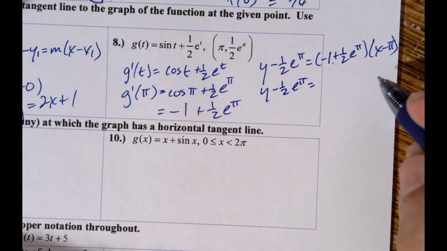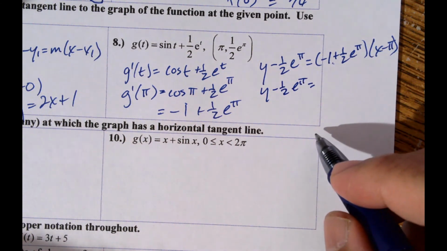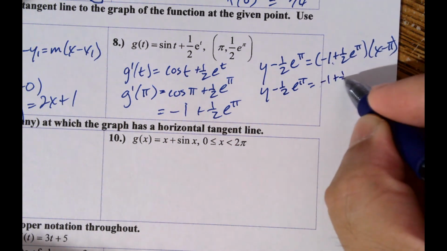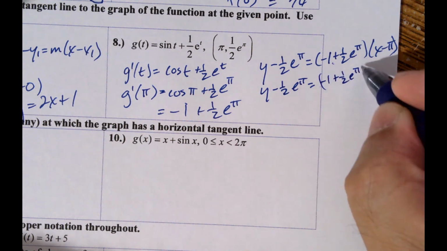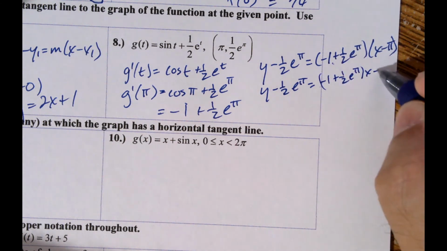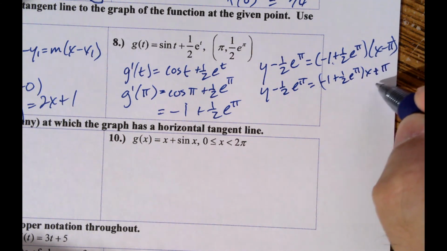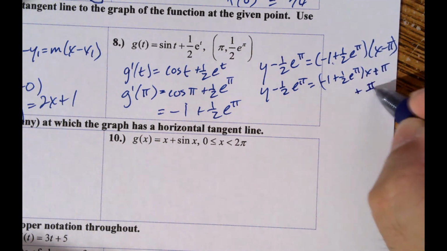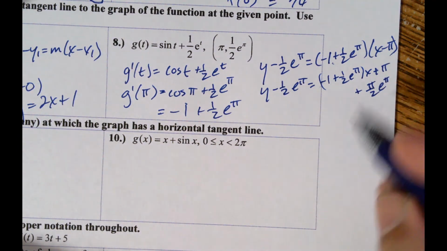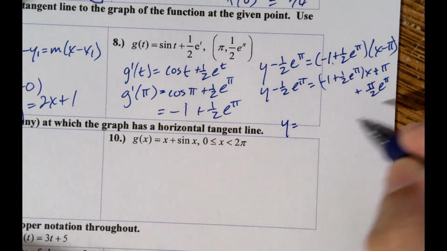If I were to distribute, I really don't want to do this. -1 plus half e to the pi times x, minus that times that. So it'd be minus or plus pi over 2e to the pi. Oh, this doesn't clean up at all. So you add half e to the pi to that, and that doesn't clean up. So that was not worth it. This is just not a pretty problem.